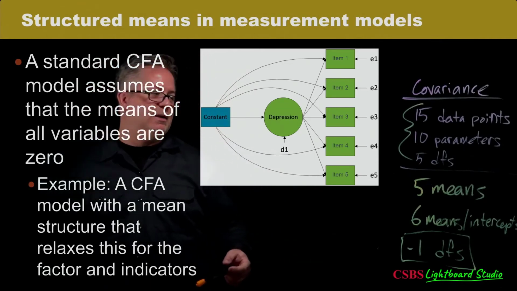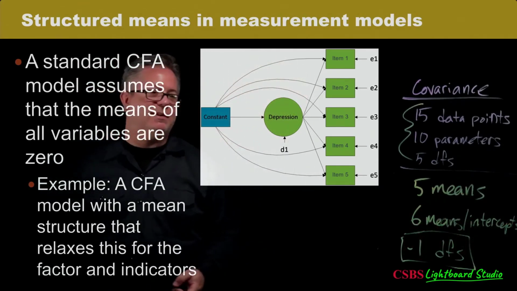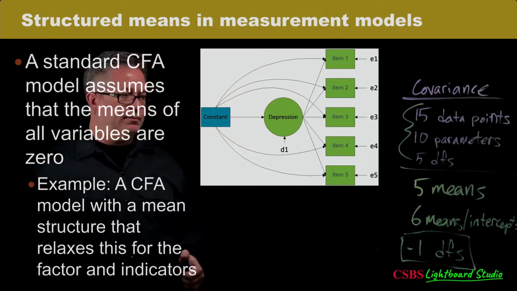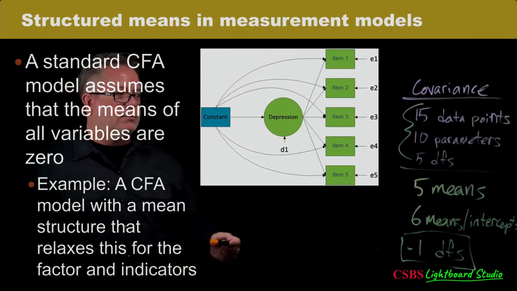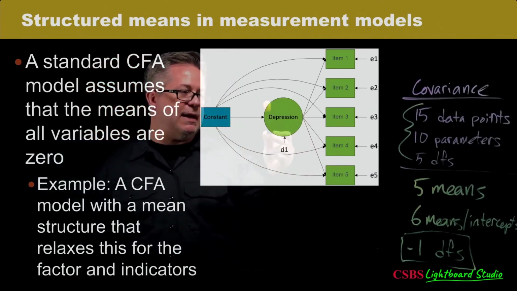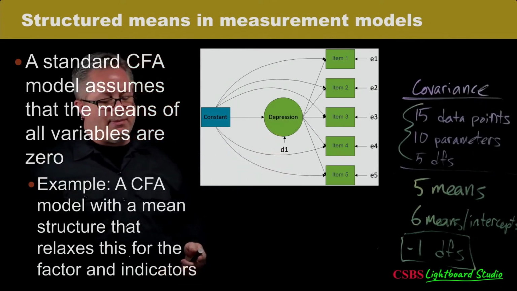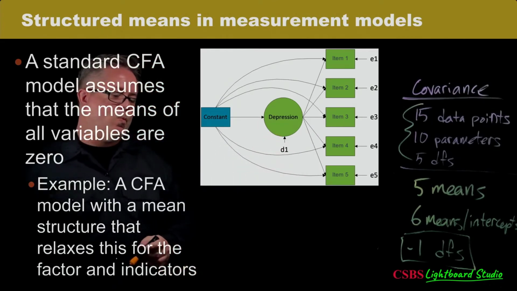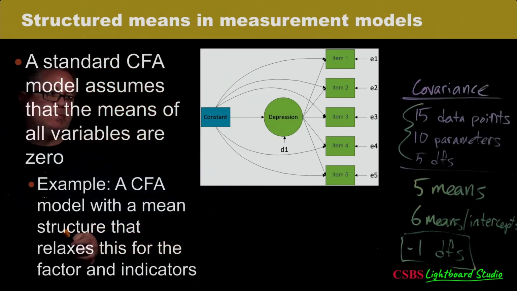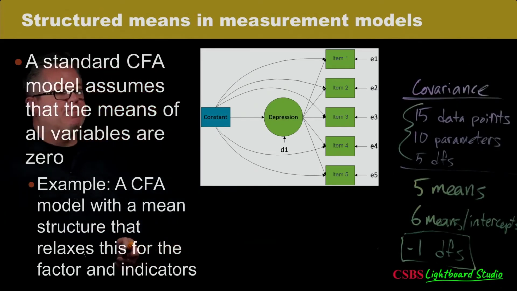I'm going to be back at having 6 means and 7 estimated. So no matter what, because we want the factor mean, we're trying to estimate too many means. That's what I'm asking you. How would you do it?